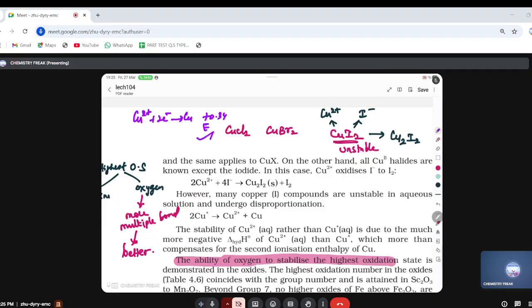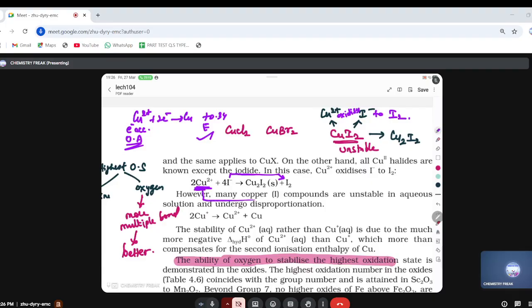If it is positive, the reaction happens immediately. So this fellow is an electron acceptor. Electron acceptor means good oxidizing agent. So copper 2 plus oxidizes I minus to iodine gas. That is what happens here.